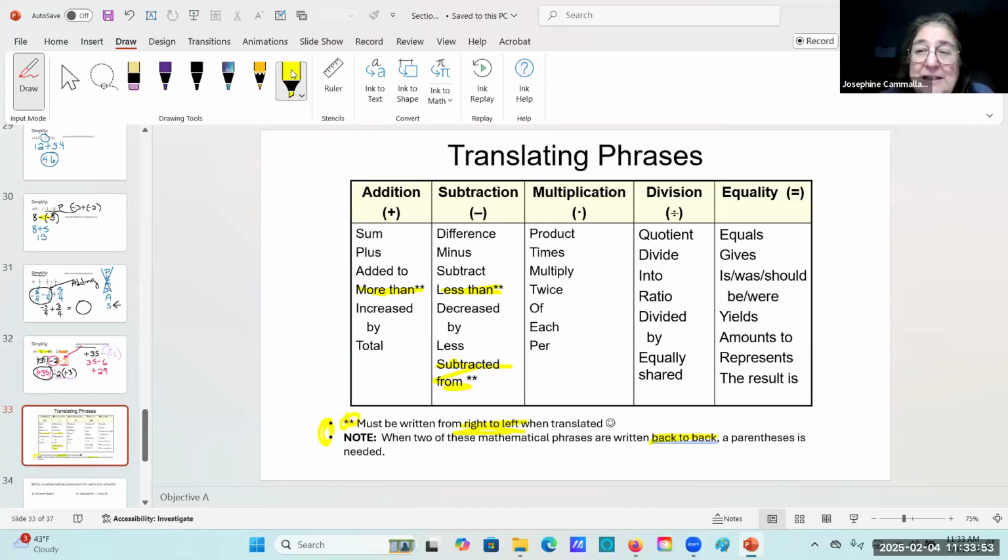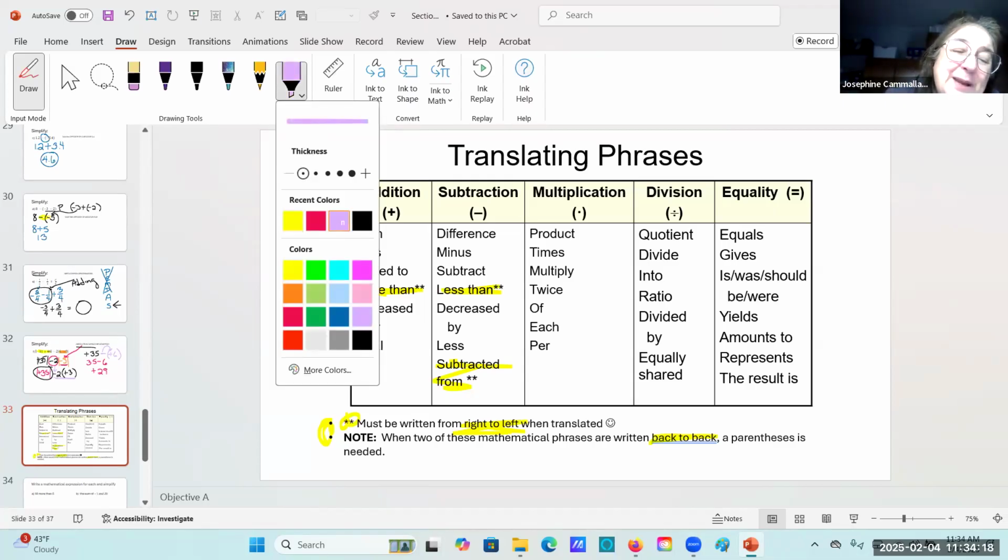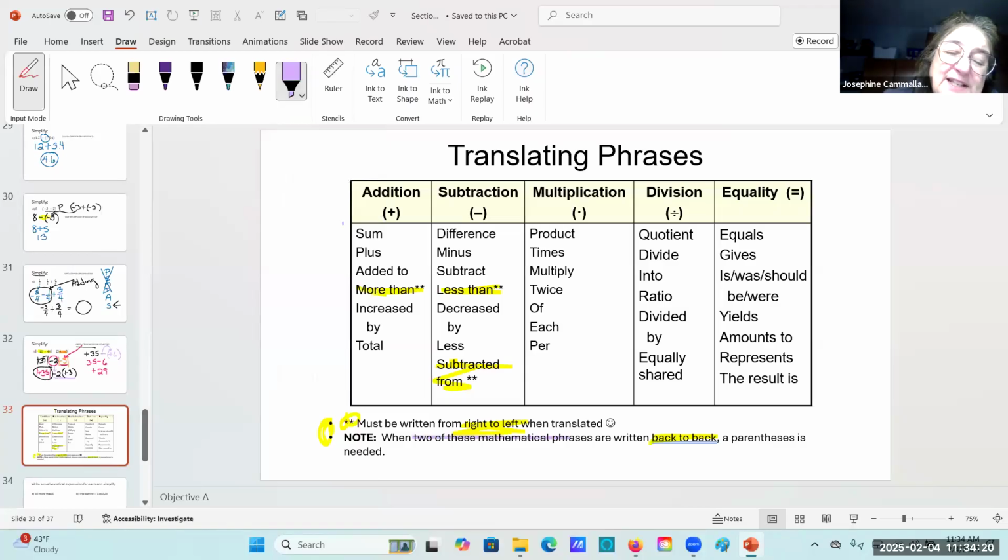Because we've done that, English is written left to right, but those stars, the double asterisks, are written right to left. Okay? And technically, we're writing them back to back, but that's also some little concept where we have 2 of these phrases back to back.